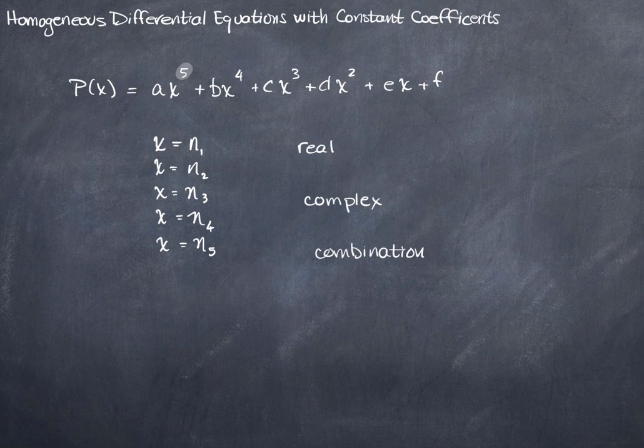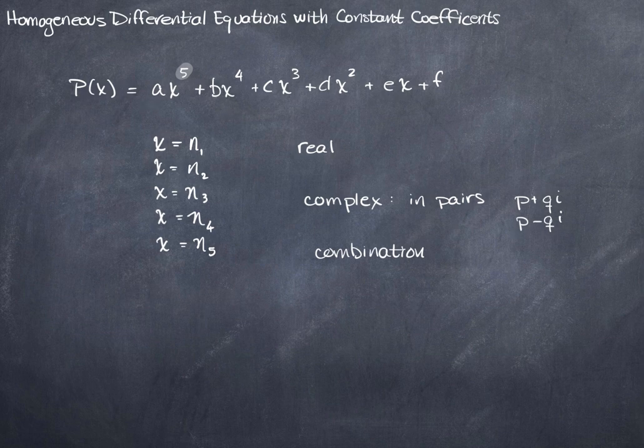If you have complex roots, these come in pairs. We call these conjugate pairs. So for example, you would have a plus bi and a minus bi. If one of your solutions is a plus bi, I've used a and b there again, and I really shouldn't have. Let's use different letters. Let's call it p plus qi and p minus qi. The reason I've changed that is that I don't want the values to get confused with these coefficients.